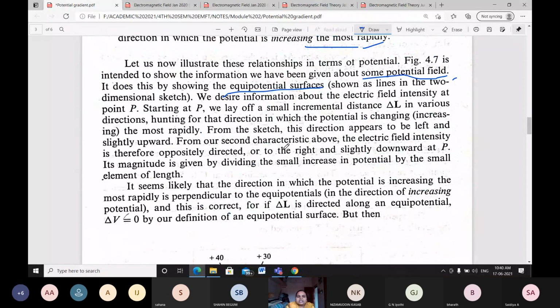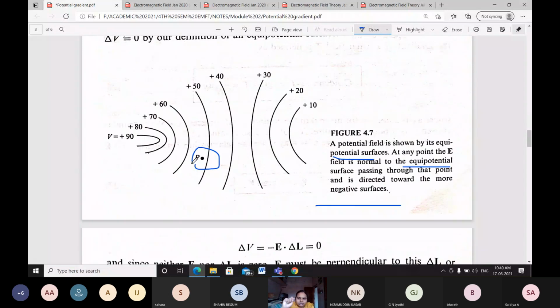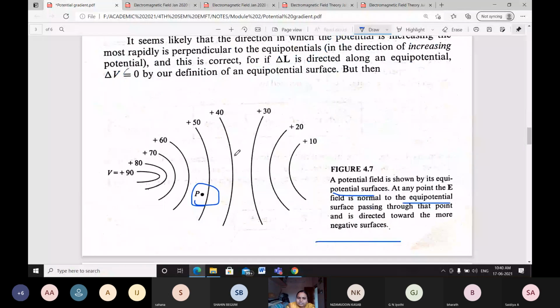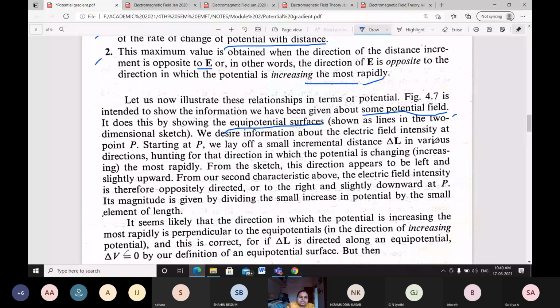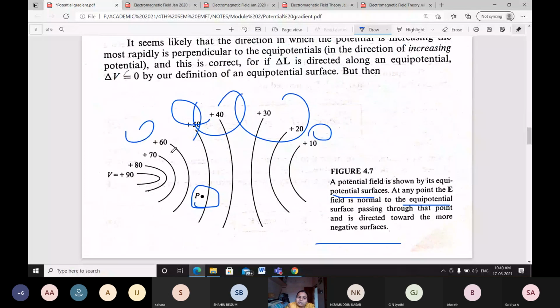Starting at P, we may lay off a small incremental distance, delta L, in various directions, for the direction in which the potential is changing.